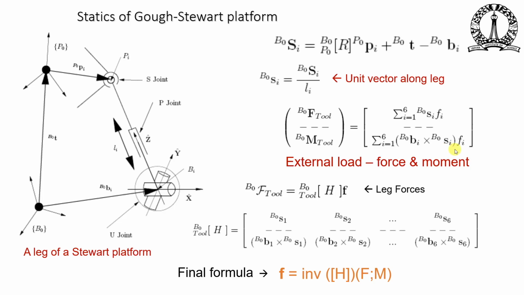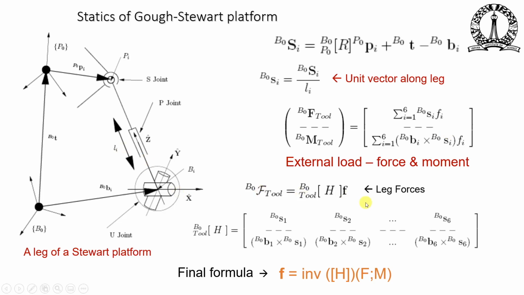Because the Stewart platform is in equilibrium, all the joints are locked. So we can rewrite this equation as B0 F tool, the force and moment acting on the end effector, as some matrix H into f. So f has 6 components: there are these 6 legs, each of them applying a force along its length.